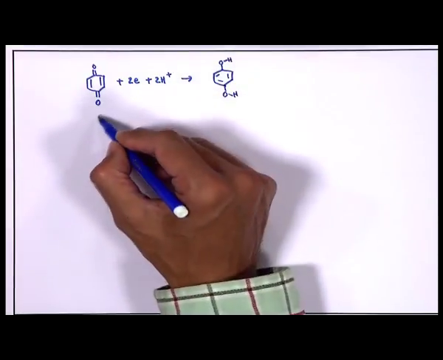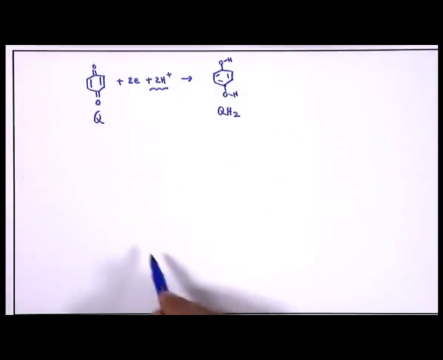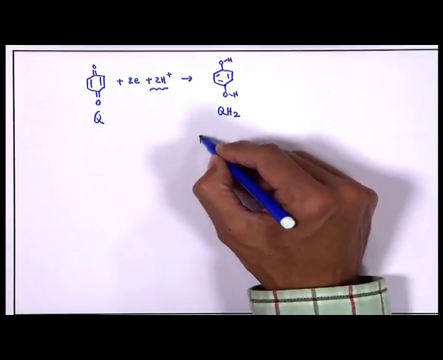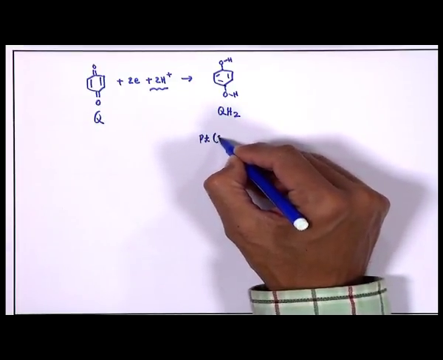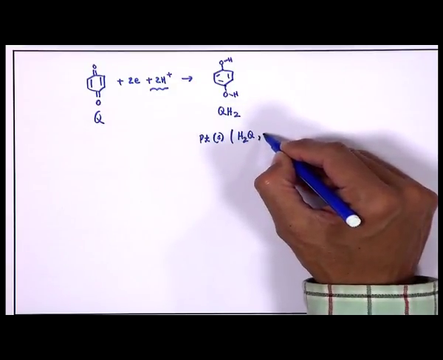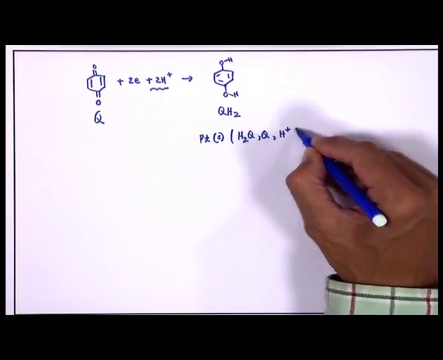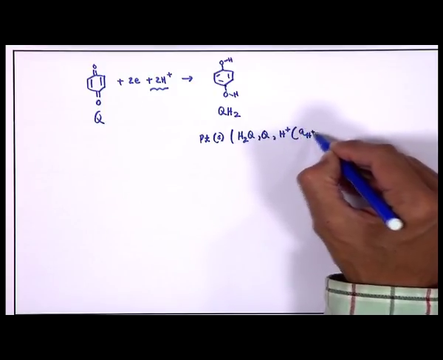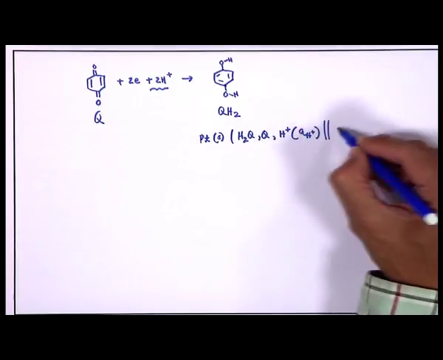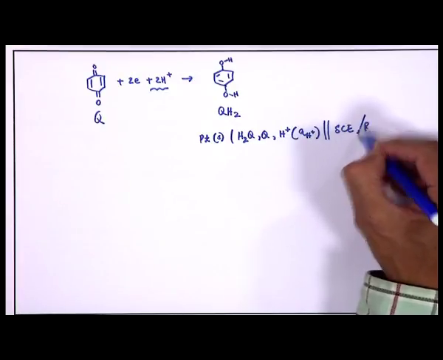Okay. So, this is Q, this is QH2. This is also H plus reversible. So, you can also make an H plus reversible electrode half cell like Pt solid, Q or QH2, then H plus, activity of H plus, and then maybe a standard electrode like the saturated calomel electrode, or a reference electrode.